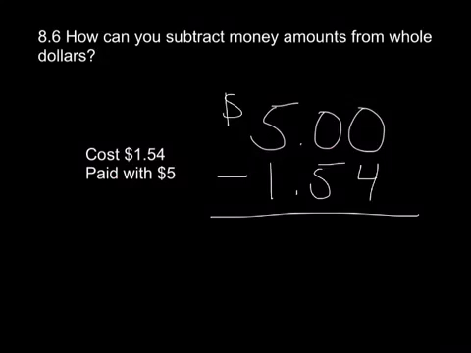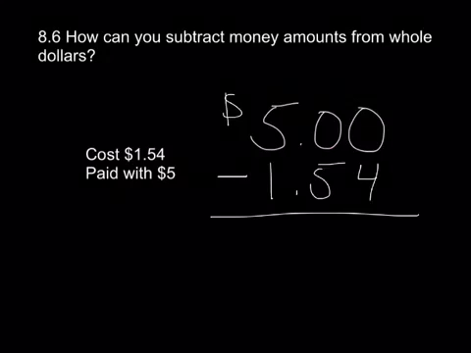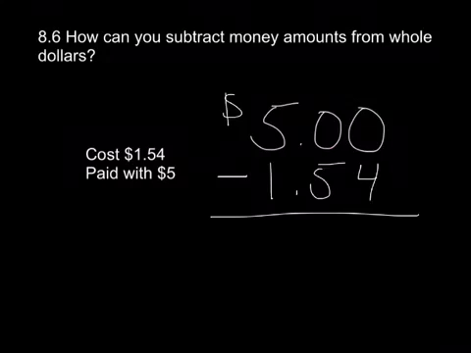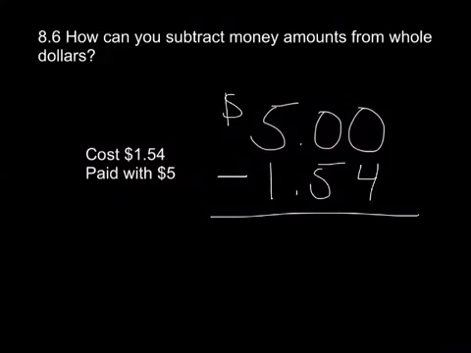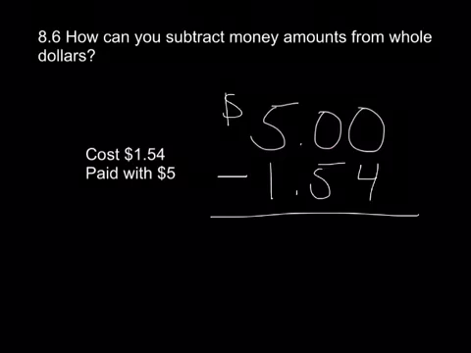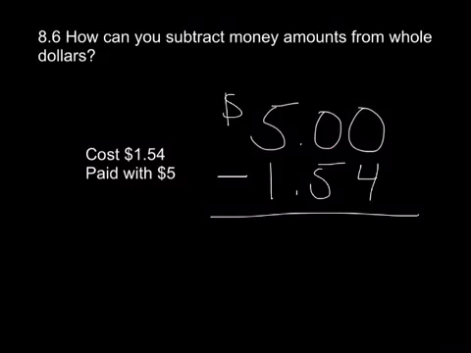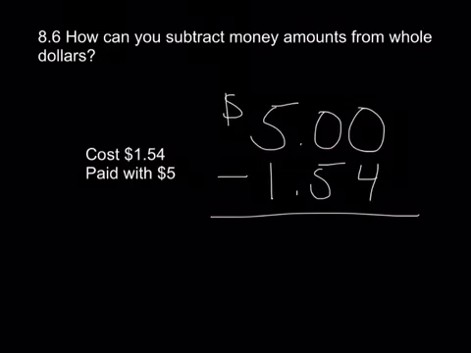If something costs $1.54 and you're buying it, then you're subtracting from the money you have. So I have $5. I'm buying something that costs $1.54. So that $1.54 is getting taken away from the $5 that I already have. So I'm going to subtract, and that's why I wrote it this way.